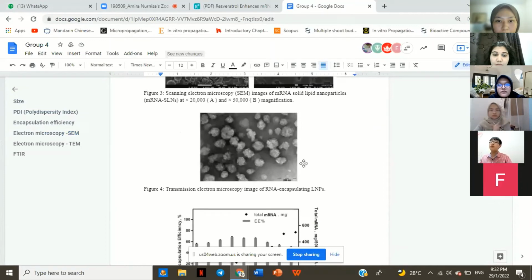Based on my research from the internet, this is the figure that I found. This figure shows the transmission electron microscopy image of RNA-encapsulating LNP.